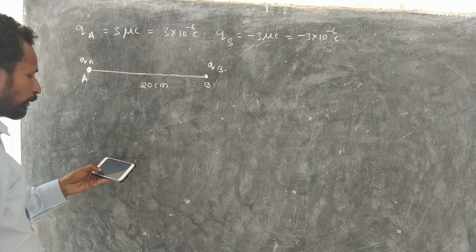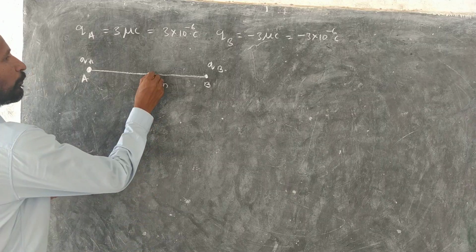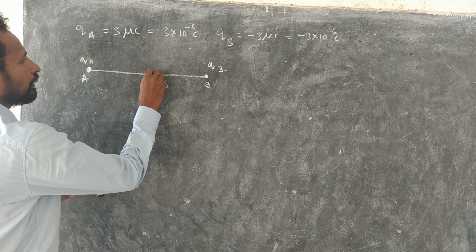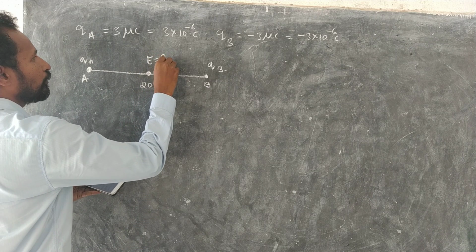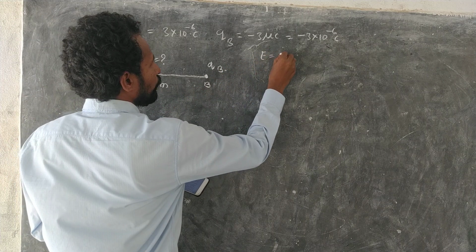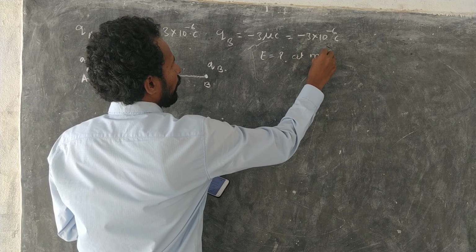The first question is, what is the electric field at the midpoint? Midpoint means exactly at the center. Here the field is a question mark at the midpoint.